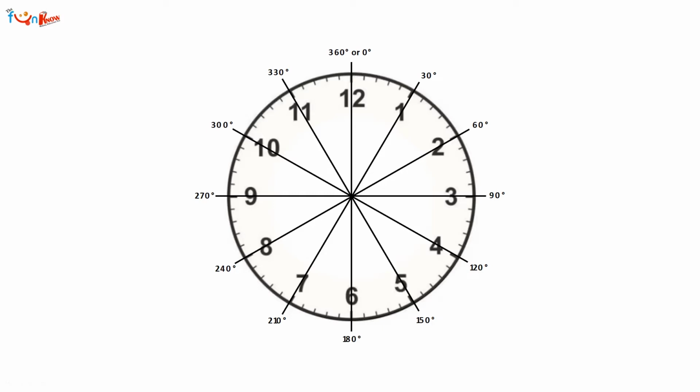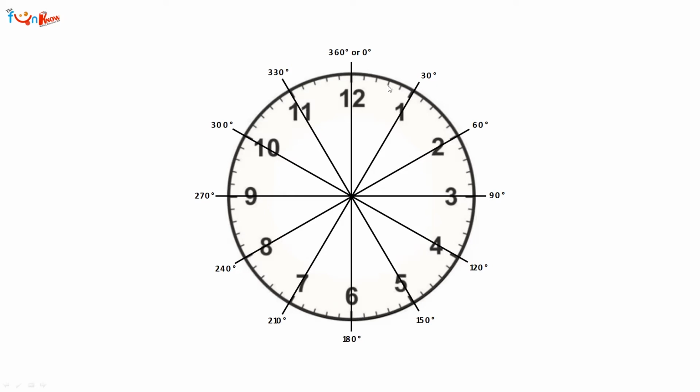As you might have seen, the time is divided from 12, 1, 2, 3, 4, and it goes up to 12. So there are 12 portions. The circle is divided into 12 parts, and the total sum of angles is 360.